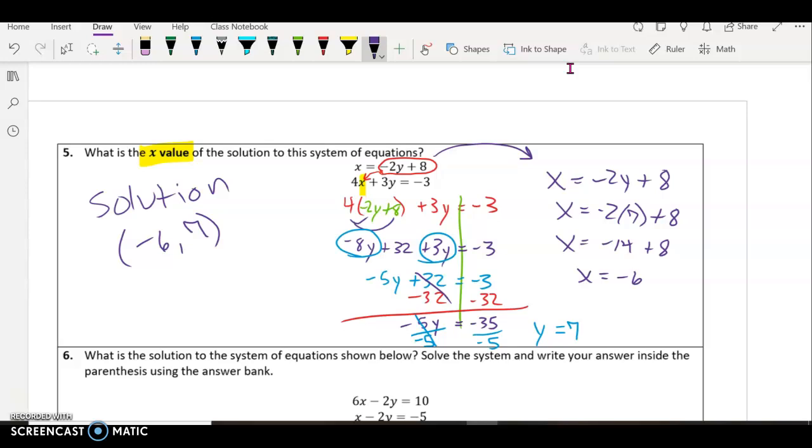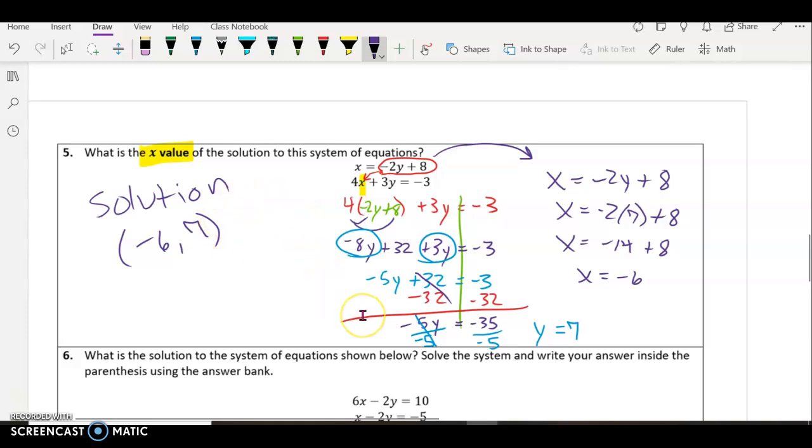Hey there, guys. So if you're following my steps, we replaced x with negative 2y plus 8. We distributed. You can see I circled the y's and combined my like terms to get negative 5y, and we solved to find that y was 7. But you can see I have highlighted here, it wanted the x value of the solution.